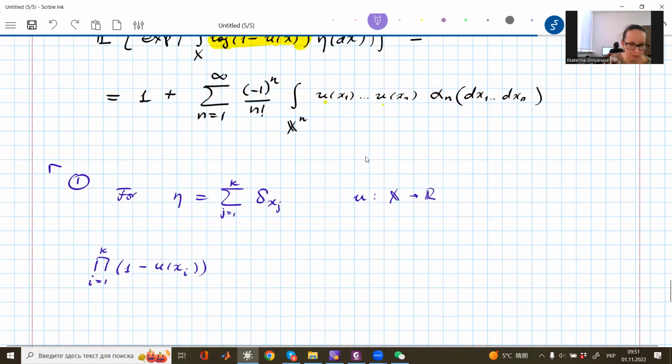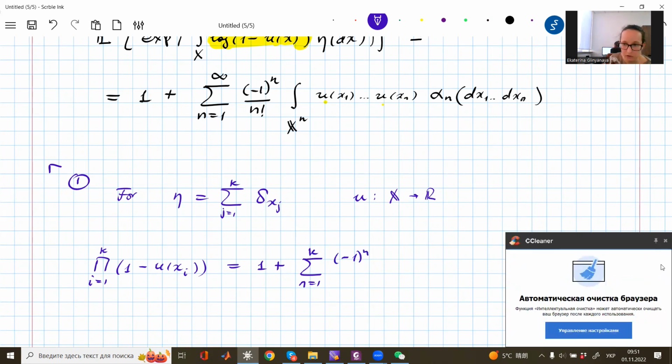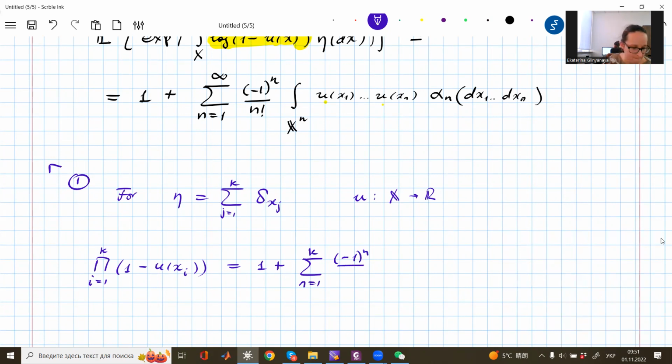So let's try to see that this is equal. We can represent it using the integral with respect to factorial measures: the integral of u of x1, u of xn, and here I write the factorial measure n, dx1 dxn.